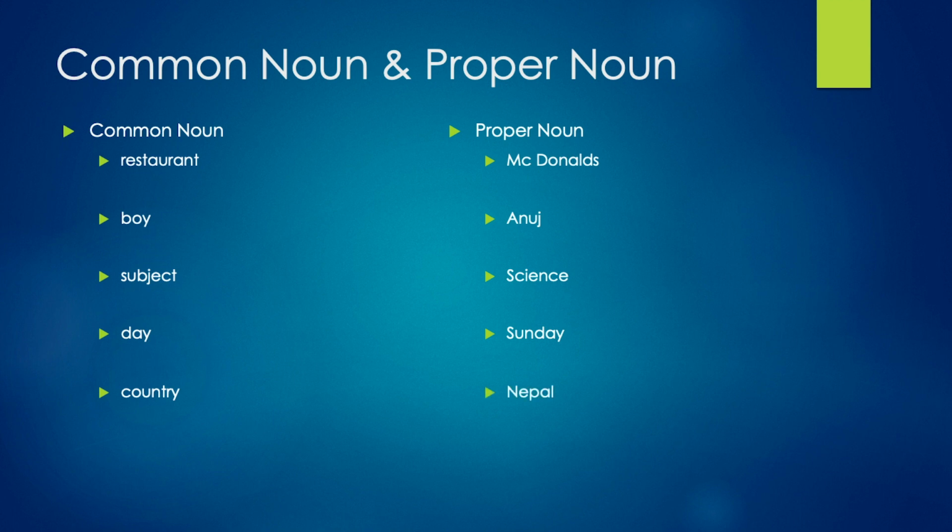Similarly, religion is a common noun because there are so many different religions, but Buddhism is a proper noun. And we can notice that all the proper nouns are written with the first letter capital, which is the rule for writing proper nouns. The next type of nouns are collective nouns.